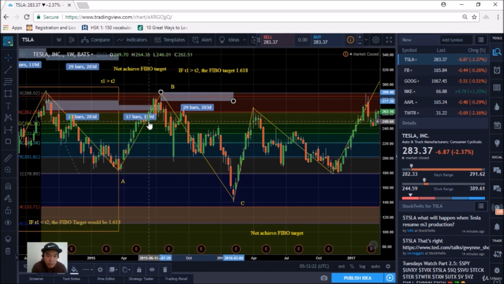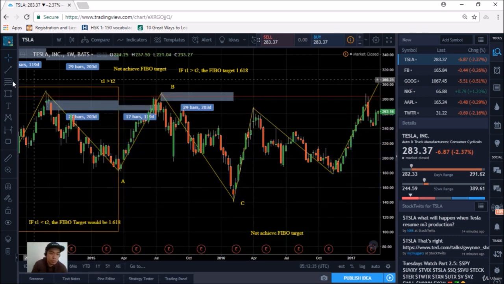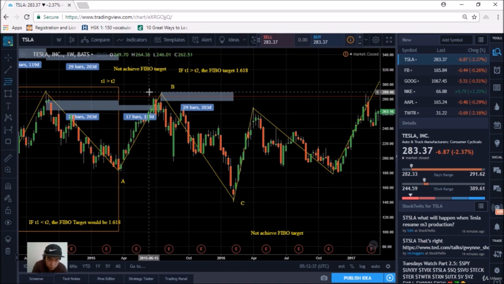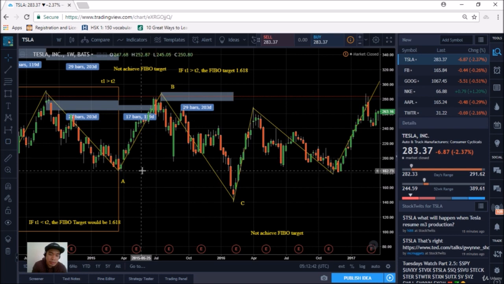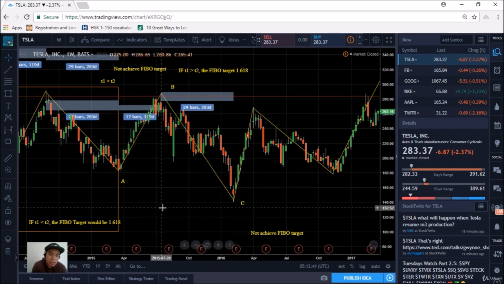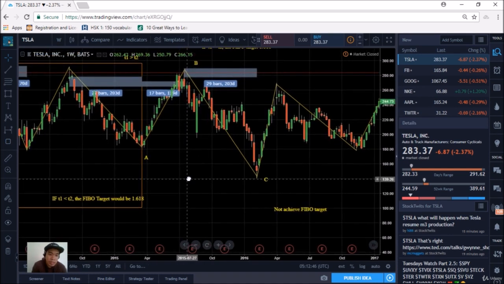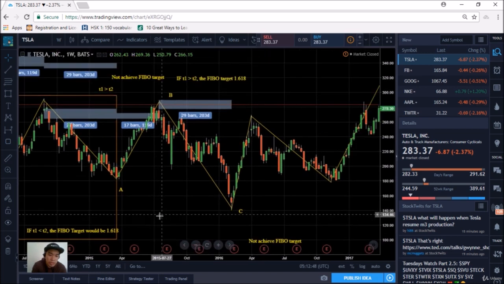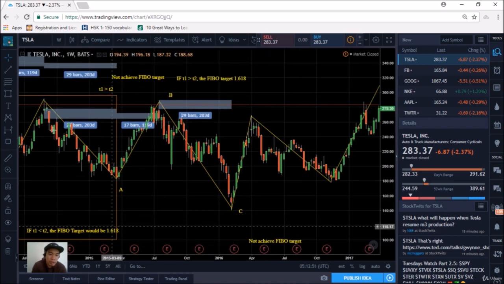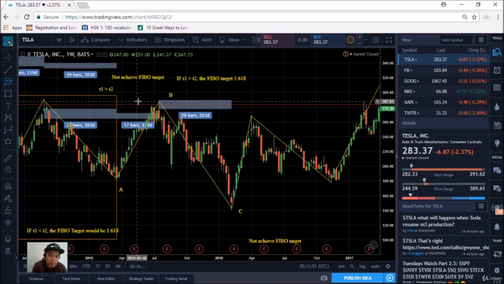What we are noticing here is that it took 119 days to go up and 203 days to go down, right? So what it means is, if T1 is less than T2, the next target would be 1.618.